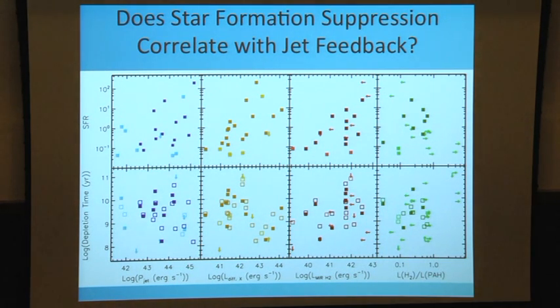So this tells us that there's no clear relationship between the amount of power that a jet might be dumping into its host galaxy and the effect that it's having on the star formation activity, and that other factors like geometry and the amount of gas that is in the system might also be playing a role, and that it's quite a complex system.